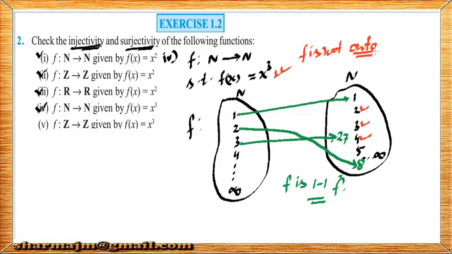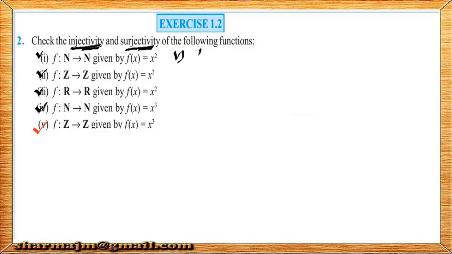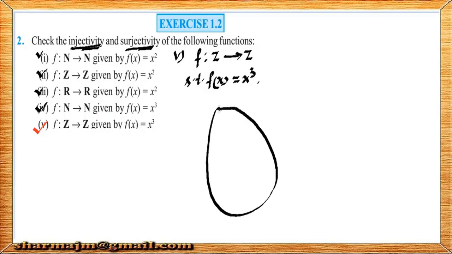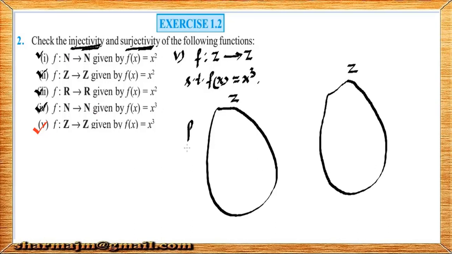Let us see the fifth part. Fifth part says f is a function from integers to set of integers such that f of x is equal to x cube. Now here by diagrammatic view, f is a function from integers to integers.